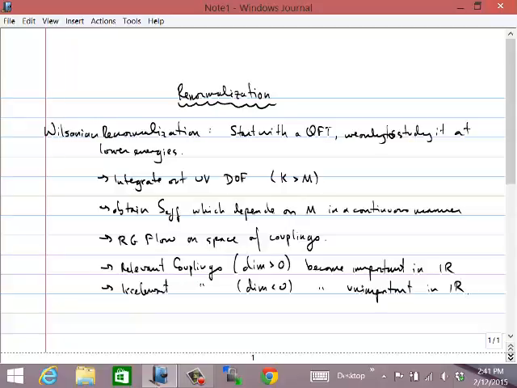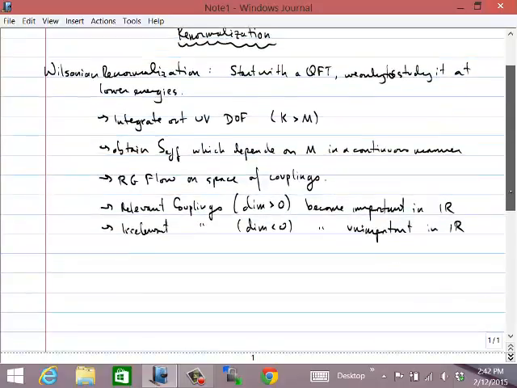And so, in a sense, this explains why, if you're only interested in studying low energy physics, you'll naturally end up with what we call a renormalizable quantum field theory, namely a quantum field theory where you only have relevant couplings turned on.